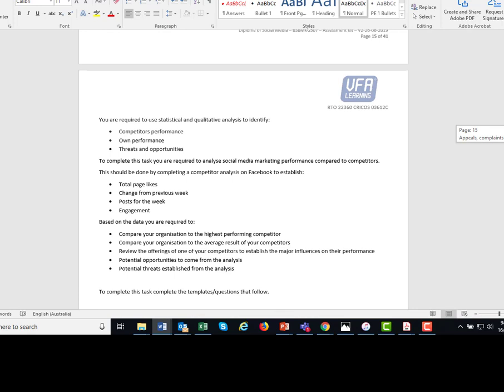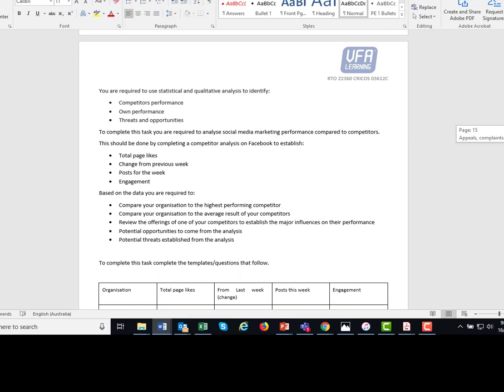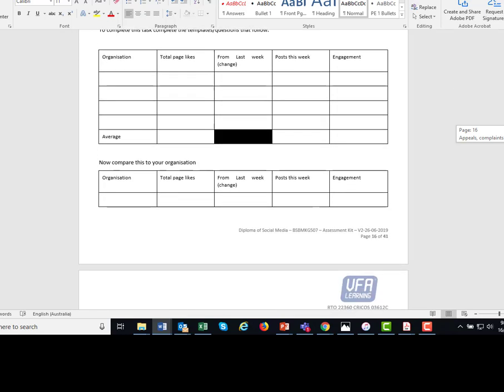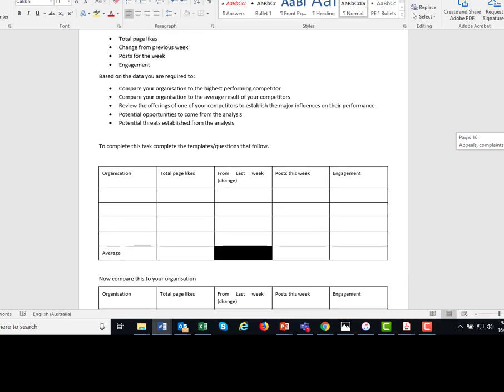Part 3, you're required to use statistical and qualitative analysis to identify competitors' performance, own performance, threats, and opportunities. So they've got to look at page likes, changes from previous week, posts. Based on your advice, they need to populate this table. Before I release this, I'll say how they actually get in to check it.